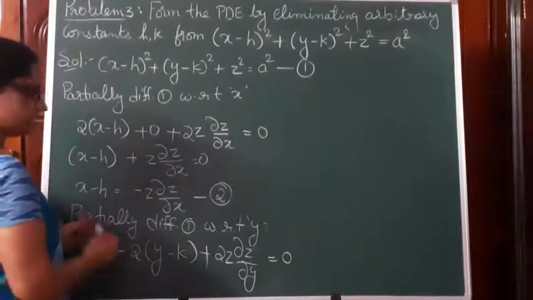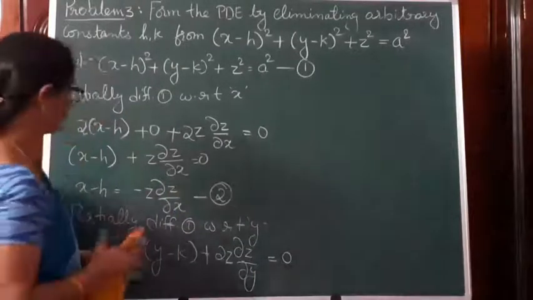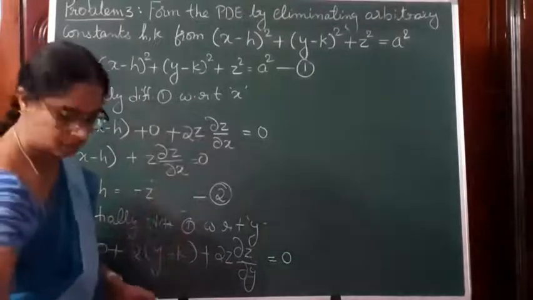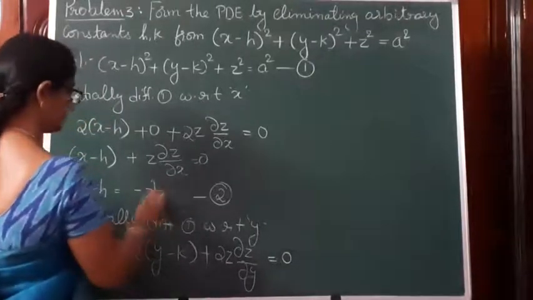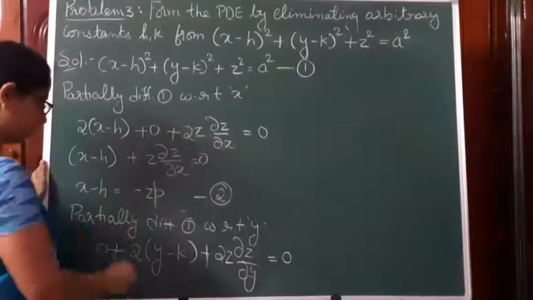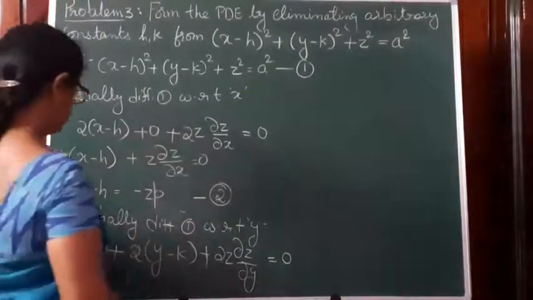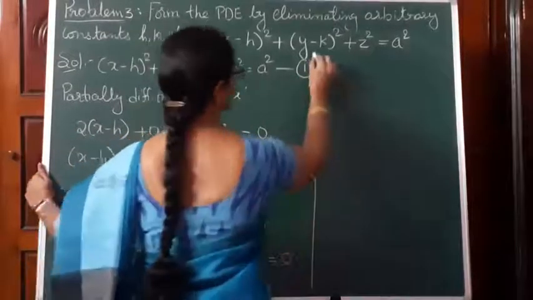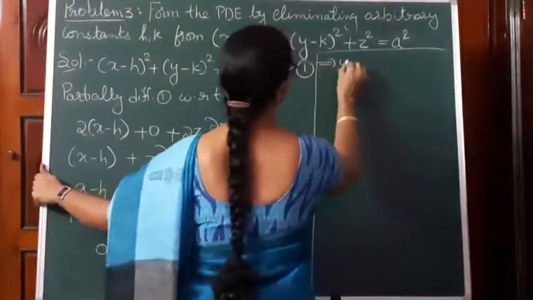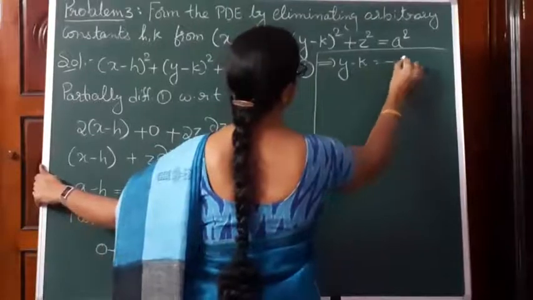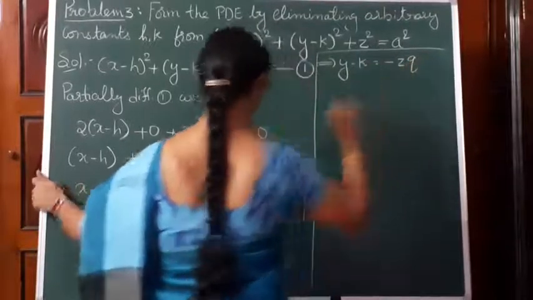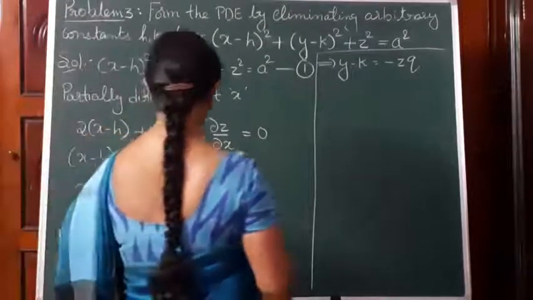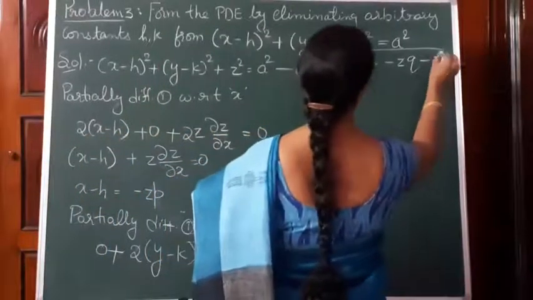Okay. So in fact here in place of dou z by dou x we can write p, because we denote dou z by dou x as p. Z into p. Now cancelling 2, we get y minus k is equal to minus z times q. Minus z, dou z by dou y is q. This we call equation 3.